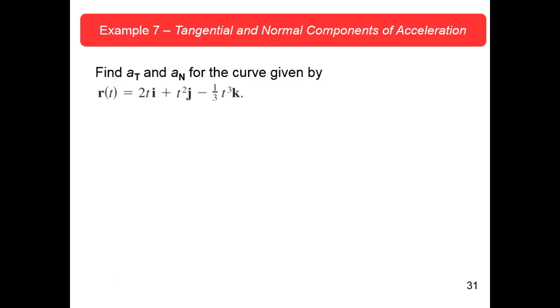Okay. Now, here we go to do that. Find a of t, a sub t, and a sub n for the curve given by this.